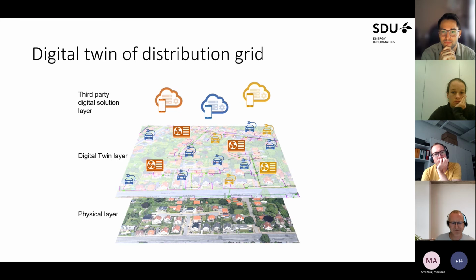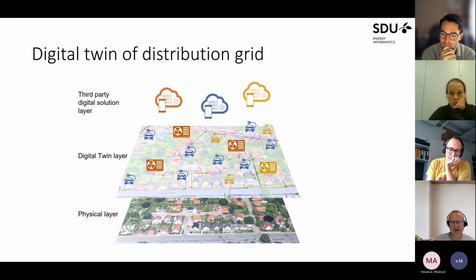So we have built a digital twin layer where we're modeling the capacity of the distribution grid. We're modeling the EV charging boxes, and we're also modeling the heat pumps in the individual households, and running it up against the algorithms that have been proposed for charging of EVs.